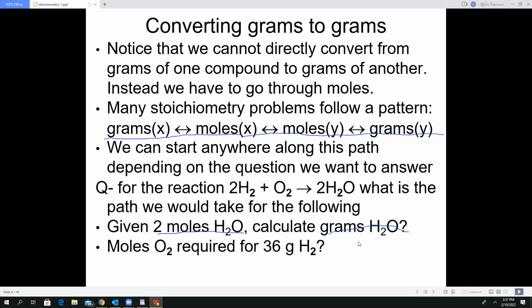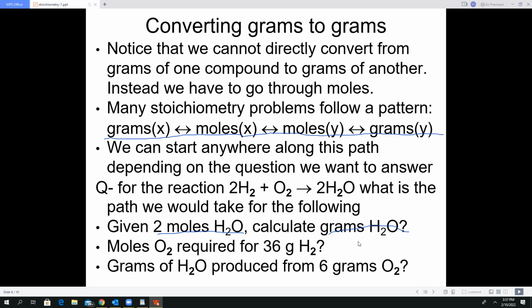Okay, so next one, grams of H2 produced from grams of O2. Where do we start? Where do we end? Yep, grams of X all the way down to grams of Y. So this one uses all of them.